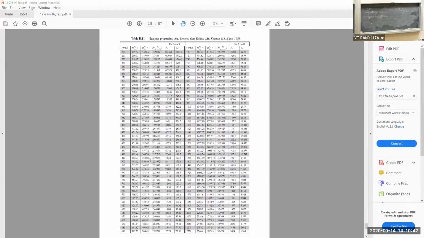So we can do some interpolation between these two data points, and I find a temperature of 498.27 degrees Kelvin.